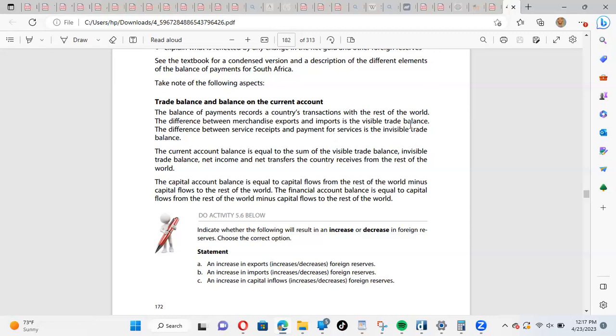So when you have a deficit there, it basically means you have a negative, right? That negative means you are importing a lot more than you are exporting, right?